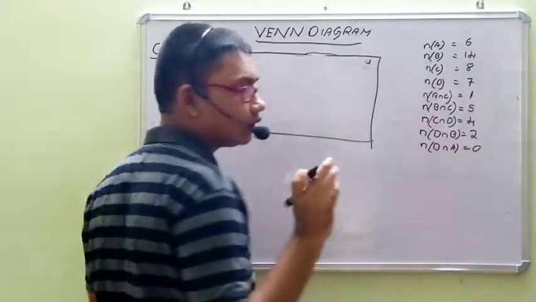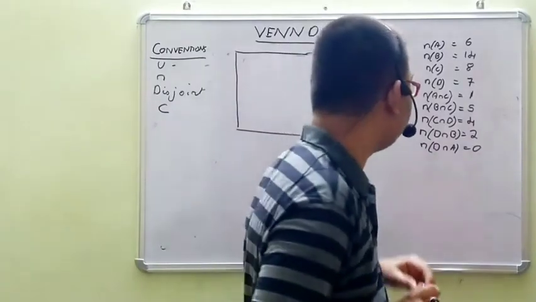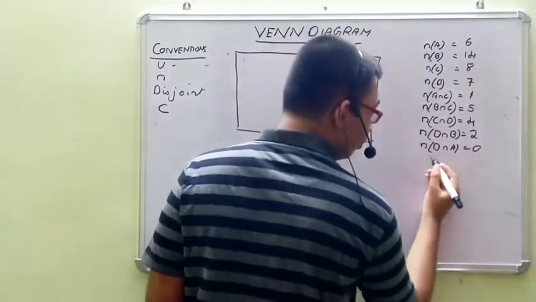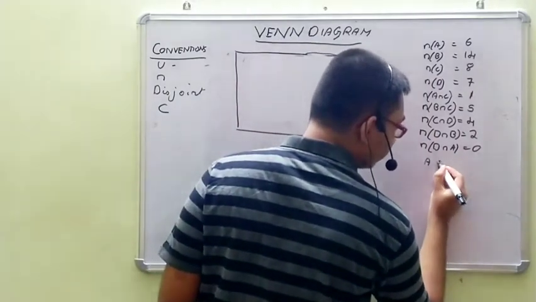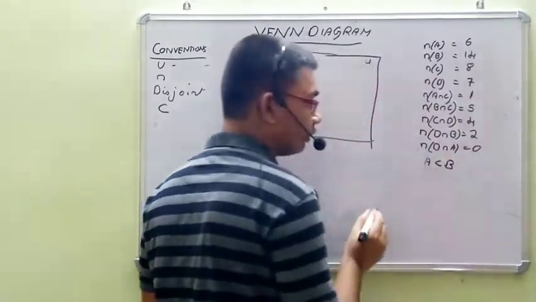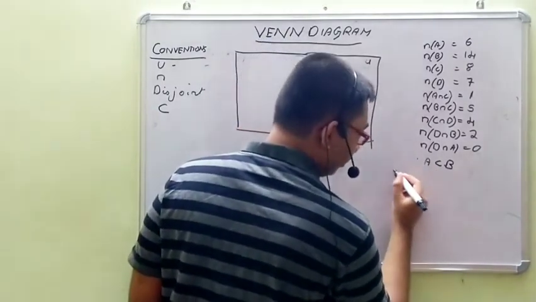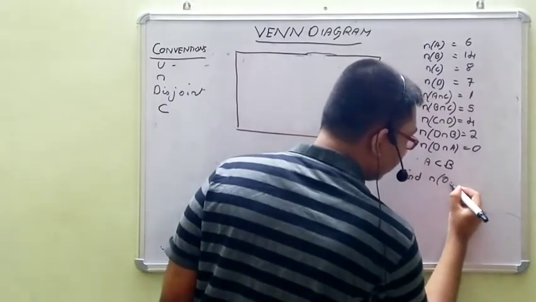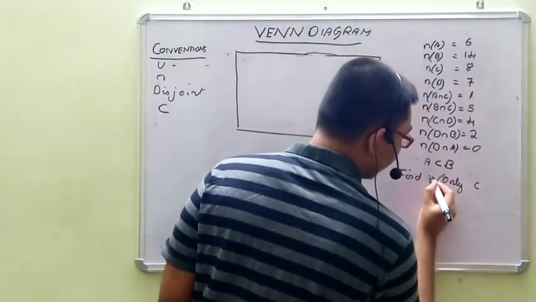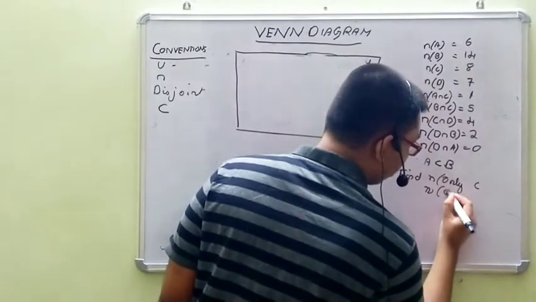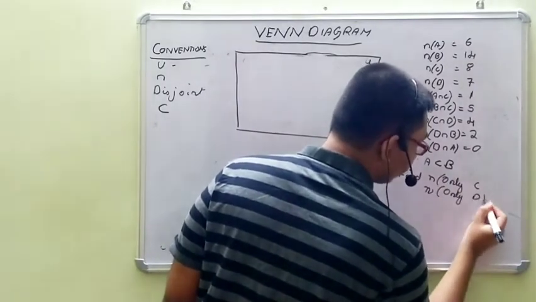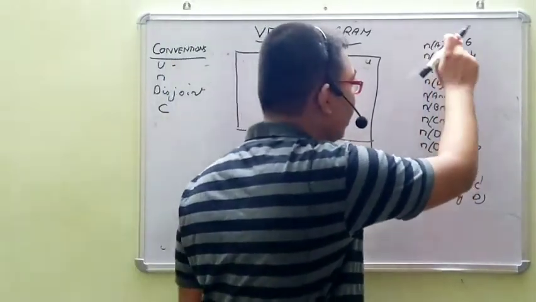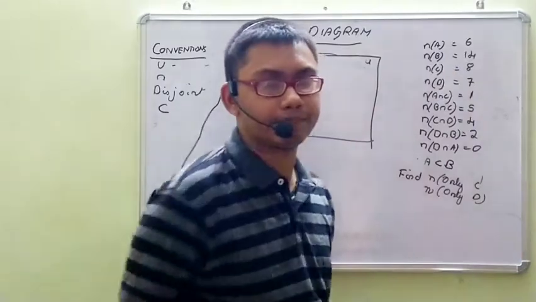We don't want to consider the elements of U now because it is not given. n(A) is equal to 6, n(B) is equal to 14, and one more thing: A is a subset of B. This is given, and we need to find n only C and n only D. This is what we need to find.